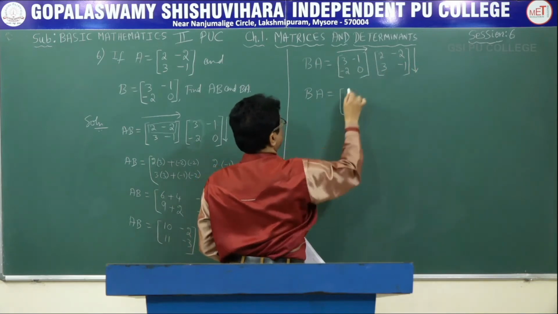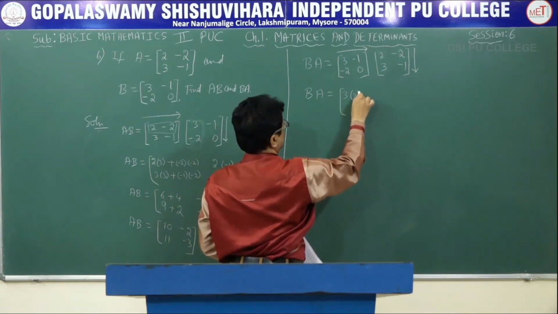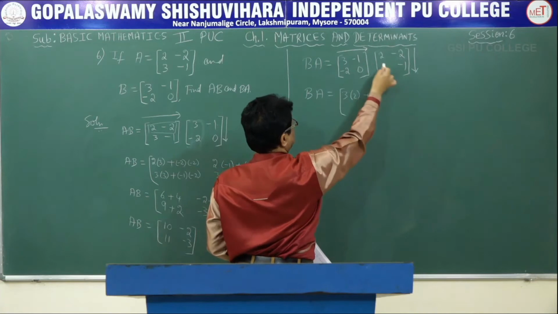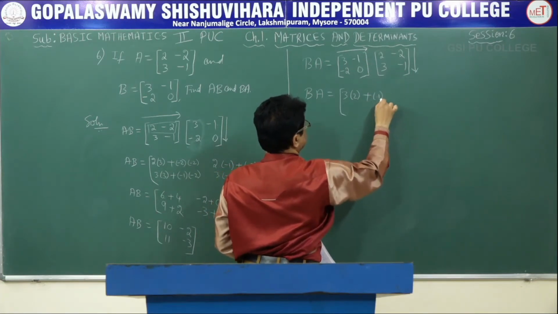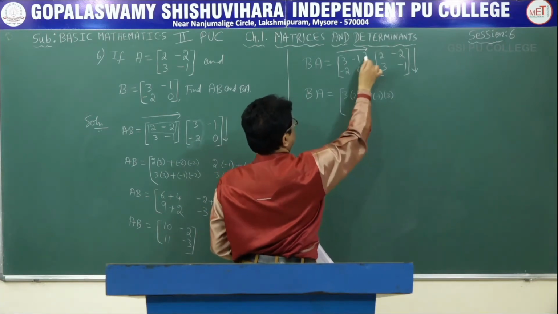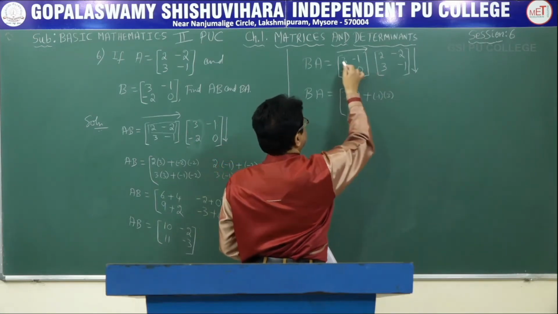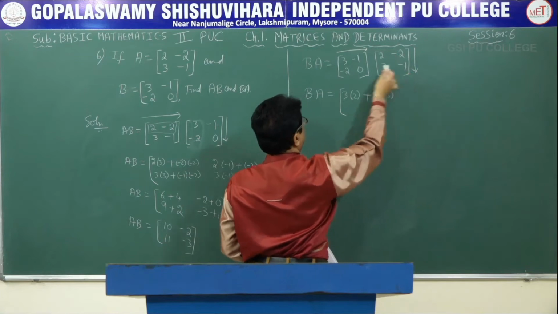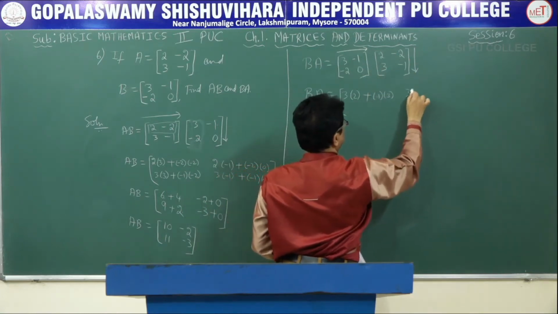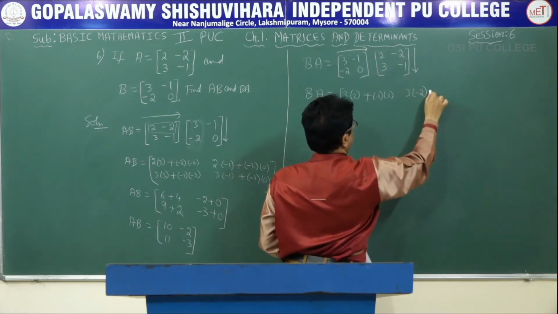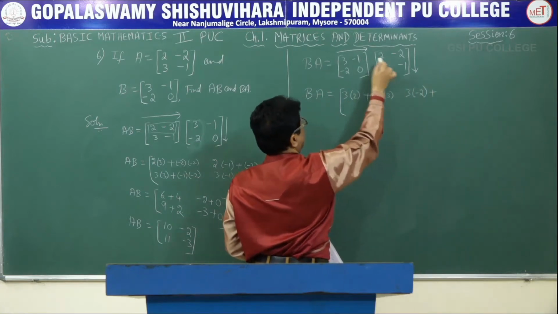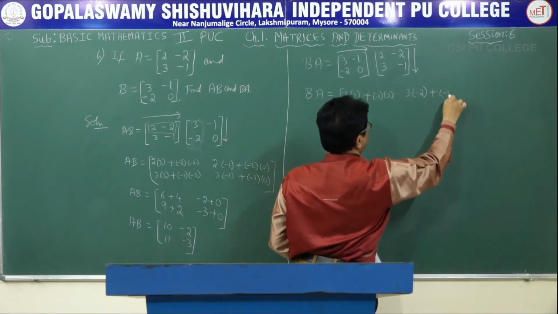So 3 into 2 plus minus 1 into 3, that is first row into first column. Next element is first row into second column, 3 into minus 2 plus minus 1 into minus 1.